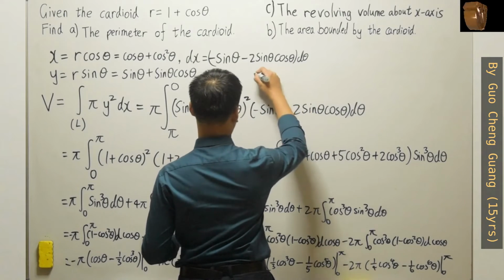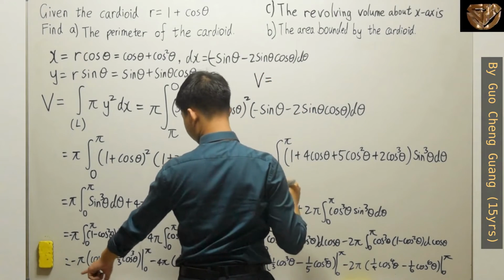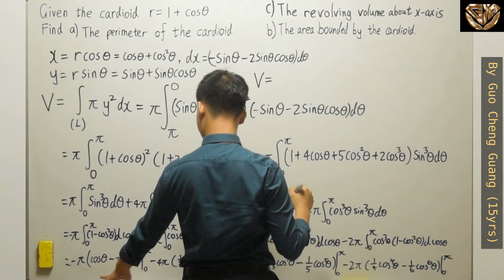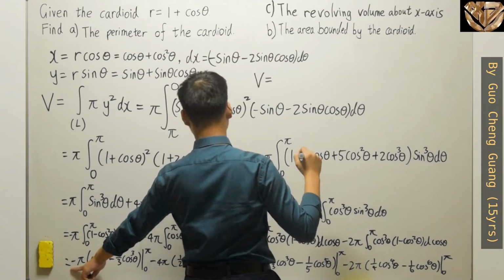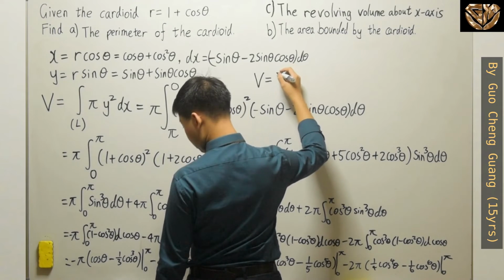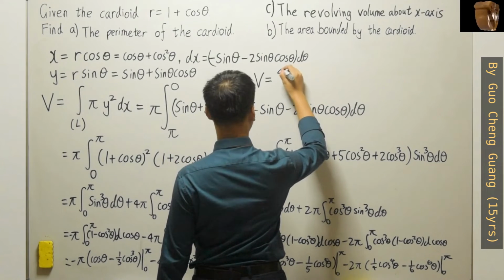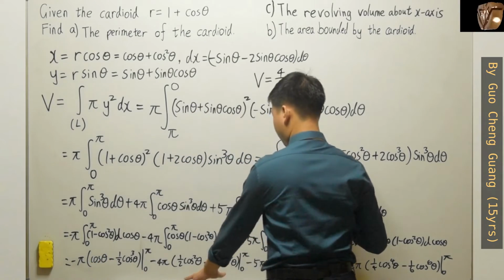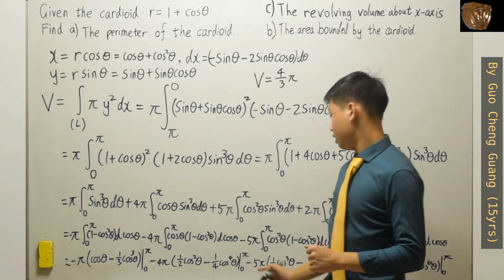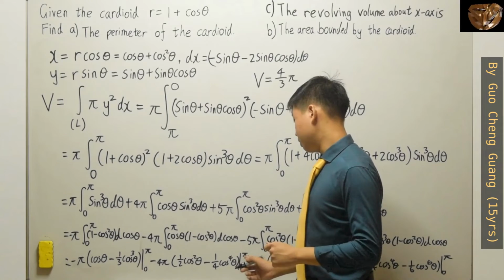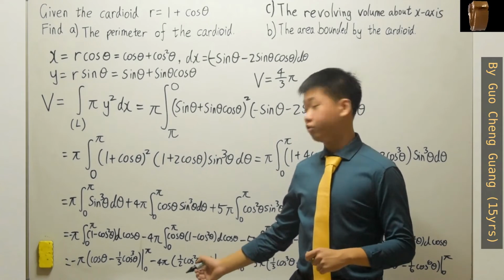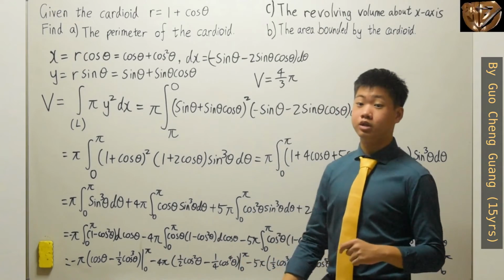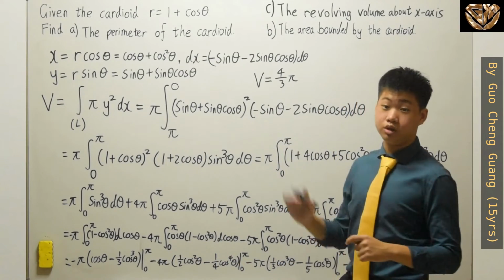So this first part, from negative 1, negative 2, so with this extra negative in front, you will be seeing 4 over 3 pi for your first term. Then the second term, what's so special about it? Although you have a negative 1, but since this is squared, that means both are positive, which means they cancel out. So that means this entire term is actually a 0. So you don't need to consider that anymore.